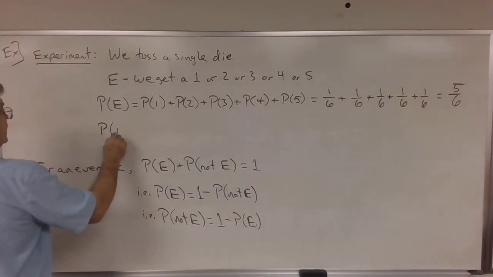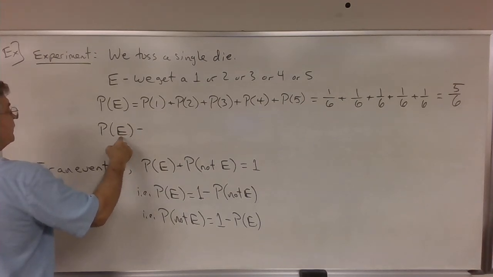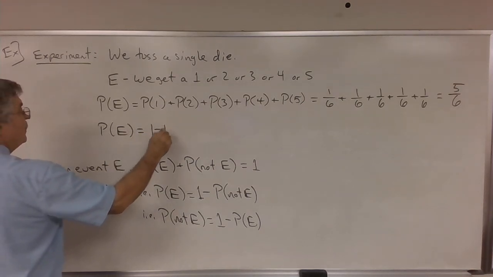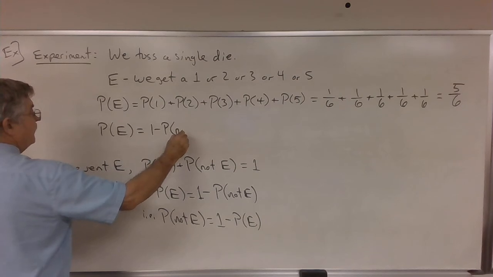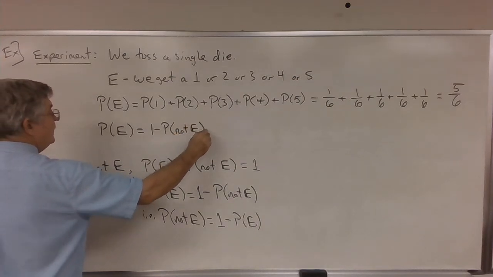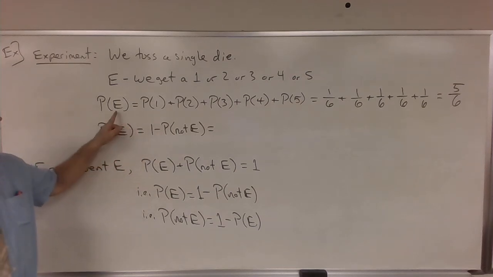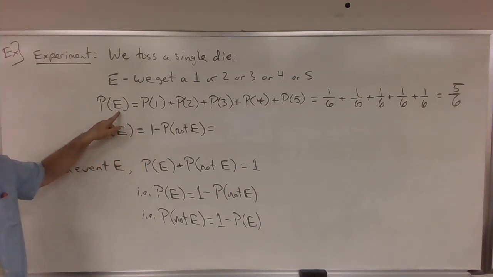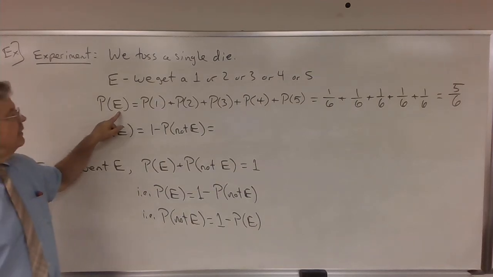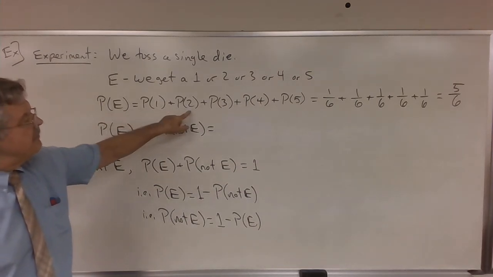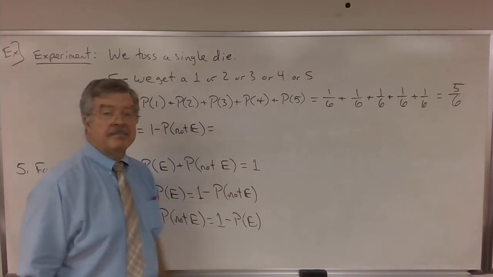The probability of E occurring is equal to 1 minus the probability that E doesn't occur. And what's the only way that E cannot occur? The only way that E cannot occur is if we roll the die and none of these 5 things happen.